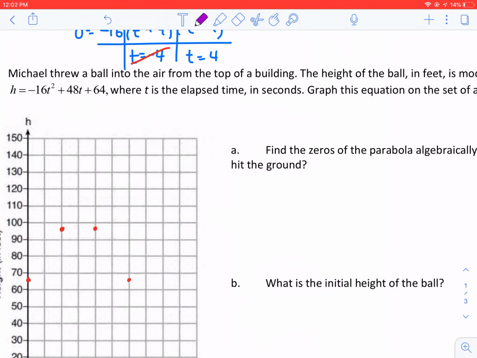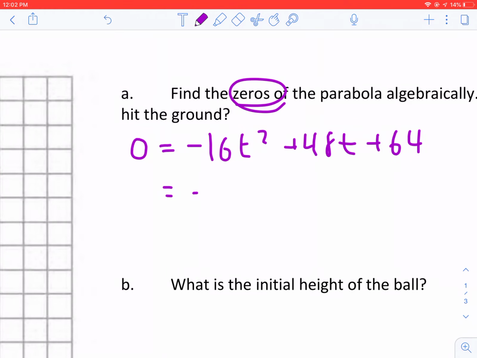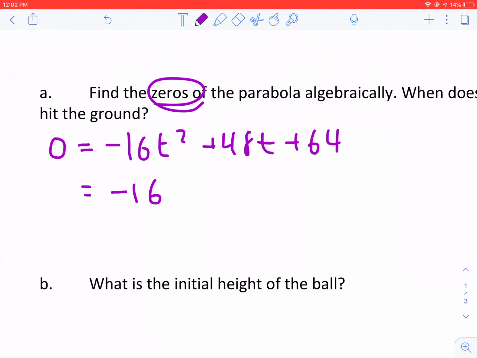Again, if we're looking for zeros, we're going to set our height equal to 0: negative 16t squared plus 48t plus 64. Let's factor out that negative 16. We get t squared minus 3t minus 4.